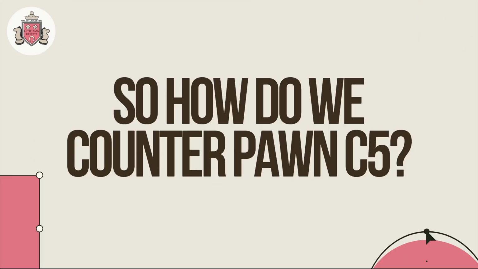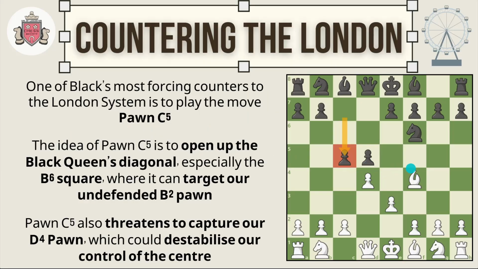And so I've got a question for you guys. How do we counter this move, pawn c5? What do you guys think? Remember that the idea of pawn c5 was to destabilize our center, so maybe there's a move that can re-stabilize it, that can strengthen our center in another way.